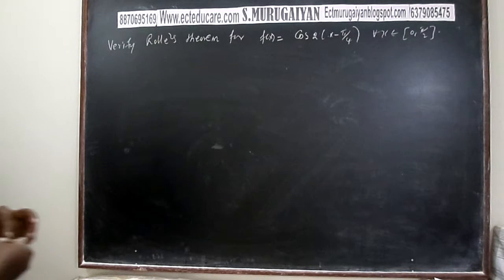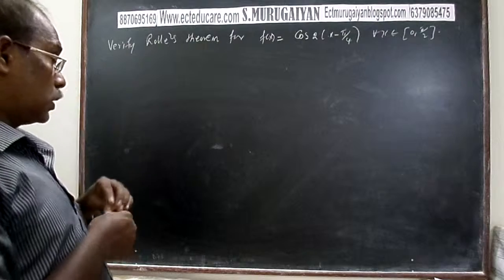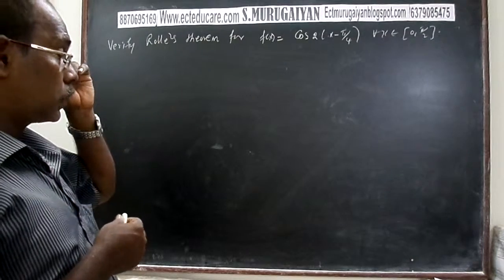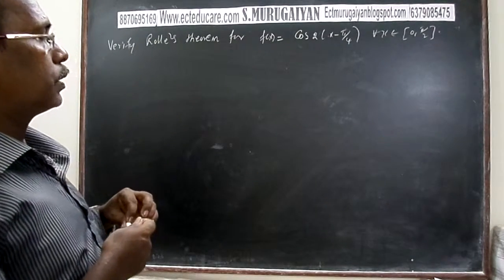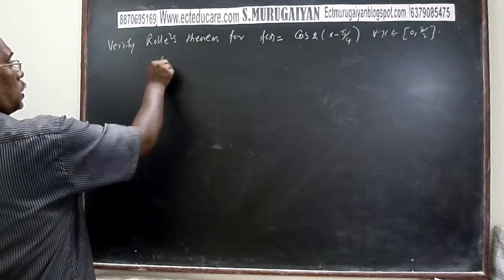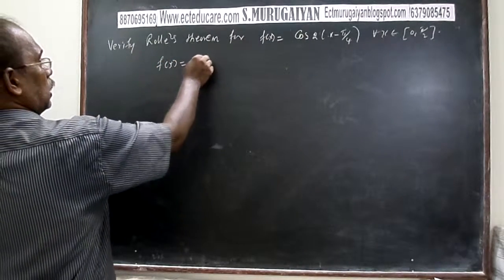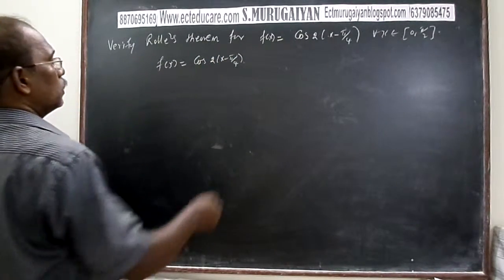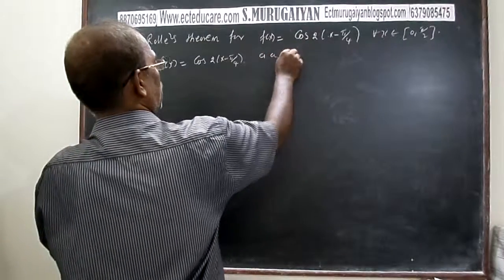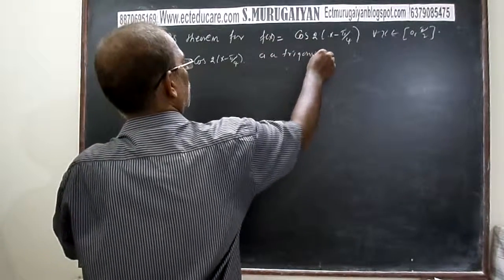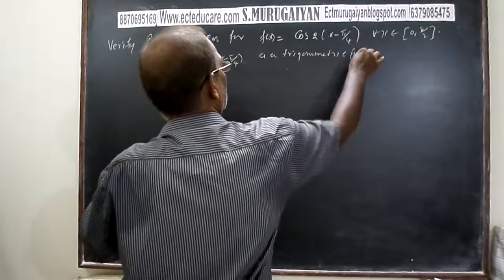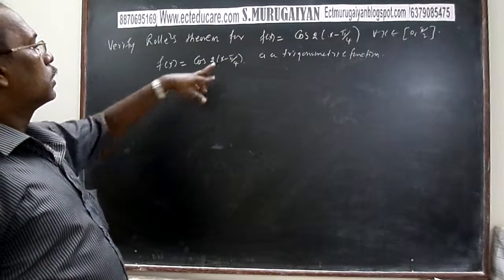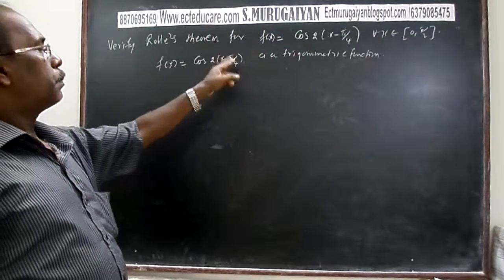The next question: verify Rolle's theorem for f(x) = cos 2(x - π/4) for all x belonging to the closed interval [0, π/2]. Let us start with the question, f(x) = cos 2(x - π/4). It is a trigonometric function with the period π.